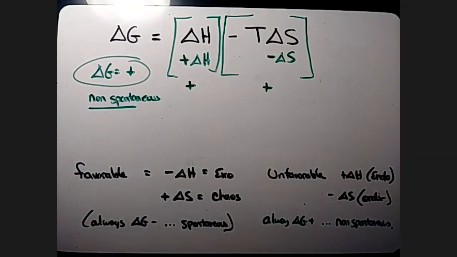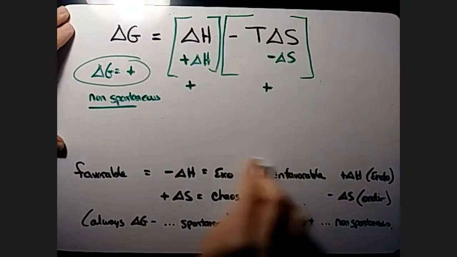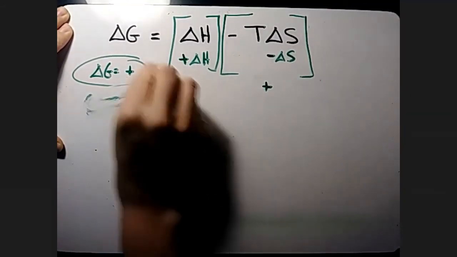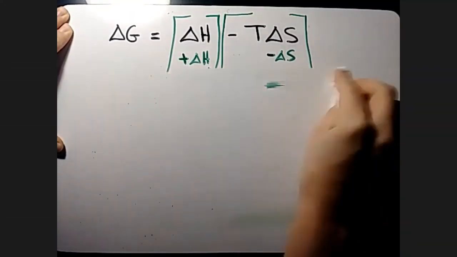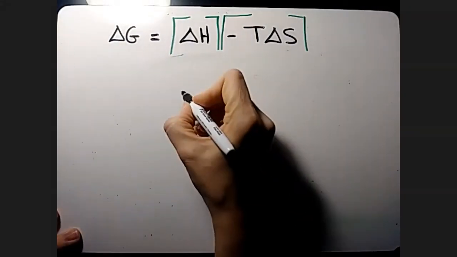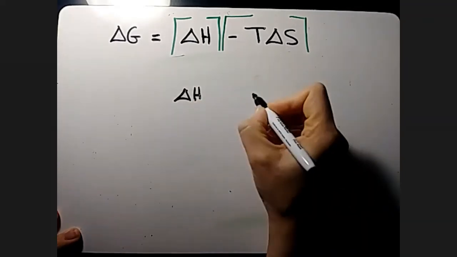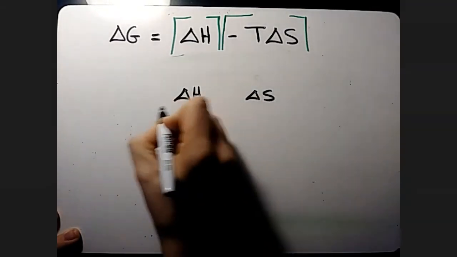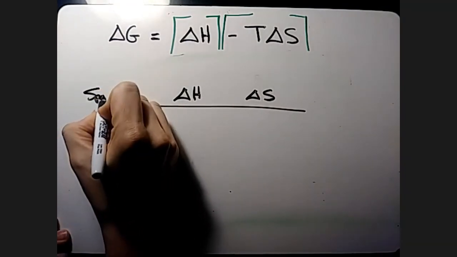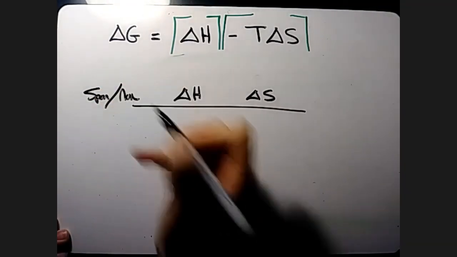Essentially what that means is for some of these combinations, we're going to need to calculate this. And let's make this just a little bit more user-friendly here. Let's take a look at what this could look like in a chart. So overall delta H values, overall delta S values, and what they're going to end up being, spontaneous or non.